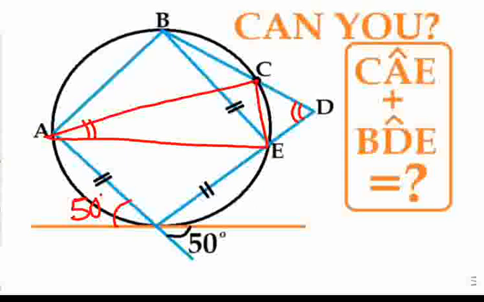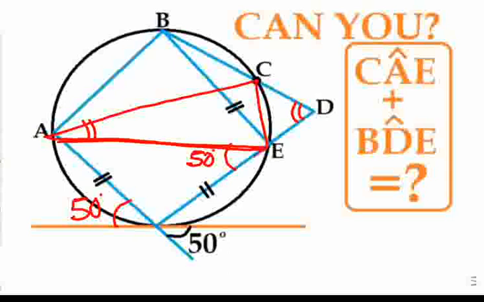Next, when you have a triangle in a circle and the vertex of that triangle touches the tangent, can you remember that angles in alternate segments are equal? The angle here is in alternate segment to this one. They are equal. The angle here is also in alternate segments to this one. They are equal. So if the angle here is 50 degrees, the angle here is equally 50 degrees.